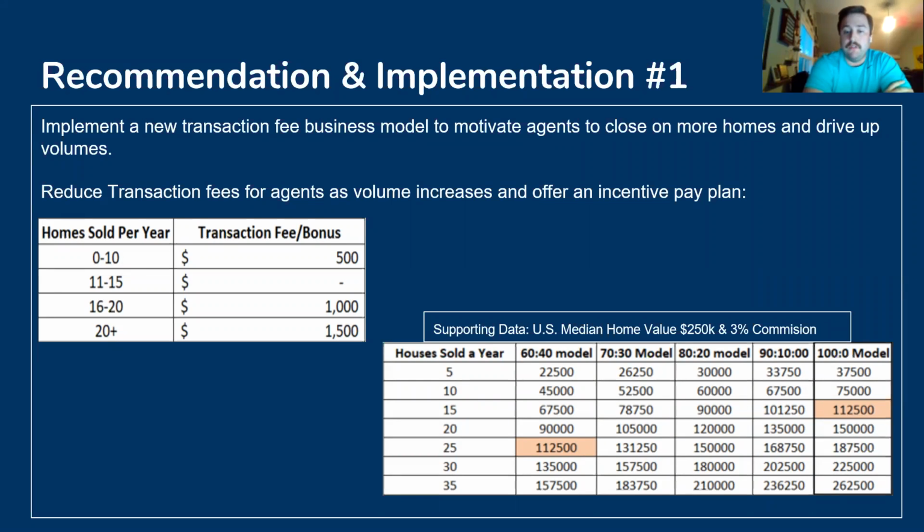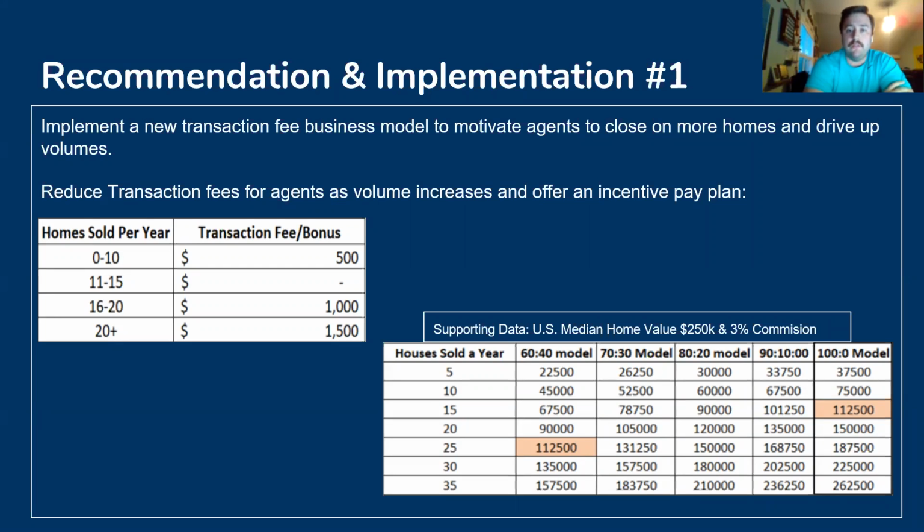On the current model for United Realty, an agent earning 100% commission would only have to sell 15 homes to earn the same amount. Therefore, less volume and fewer transaction fees for United Realty, the main source of their revenue.